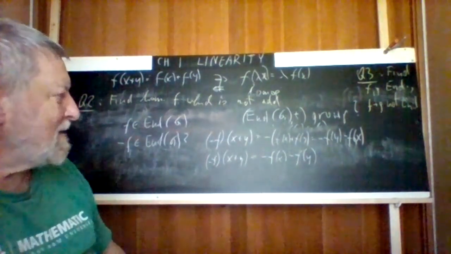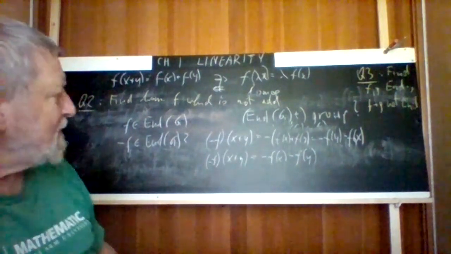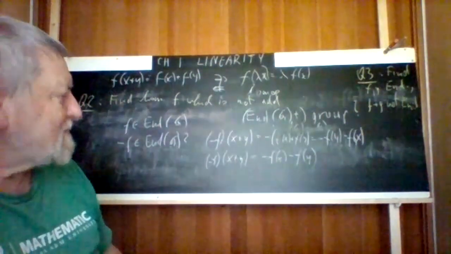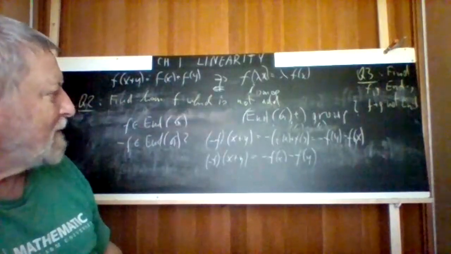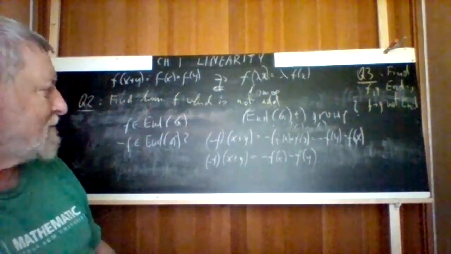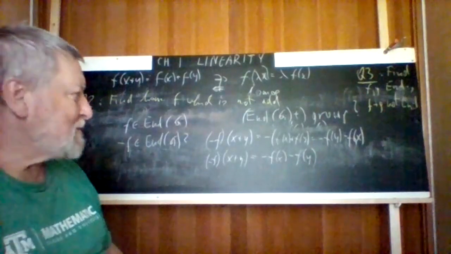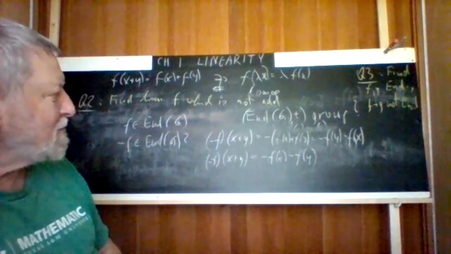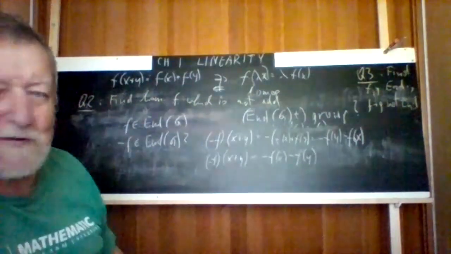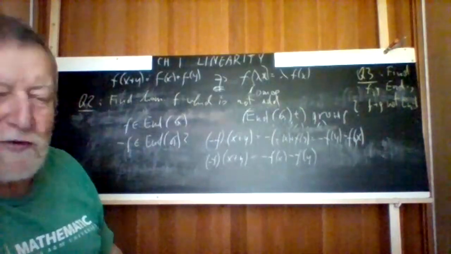And so we see we get all kinds of problems here unless we have an abelian group to start with. And so we must be careful. End of G is usually not closed, it has no algebraic structure.